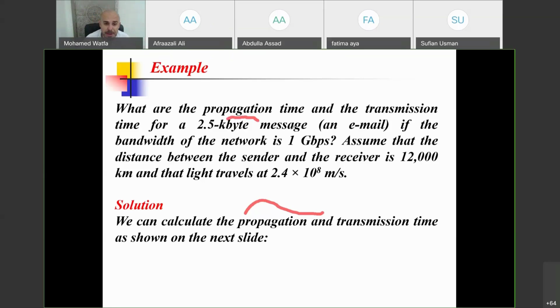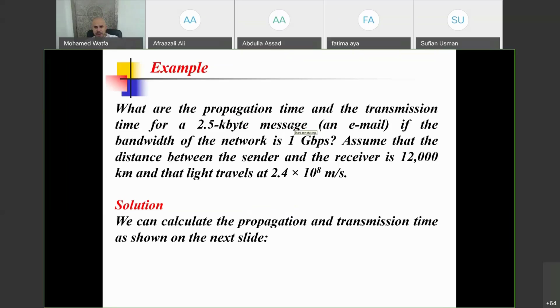So we have an attachment in an email, a 2.5 kilobyte email. If the bandwidth of the network is 1 gigabit per second, assume that the distance between the sender and the receiver is 12,000 kilometers, and that light travels at 2.4 times 10 to the power 8 meter per second. Very easy. Don't panic.